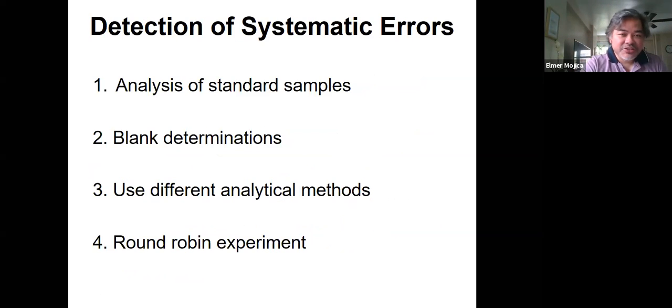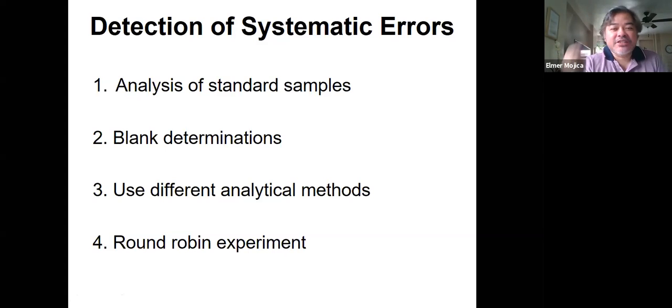So how do you detect systematic errors? Let's say you become head of the laboratory. The thing that you need to remember, when you're head, that means other people are doing the analysis for you.